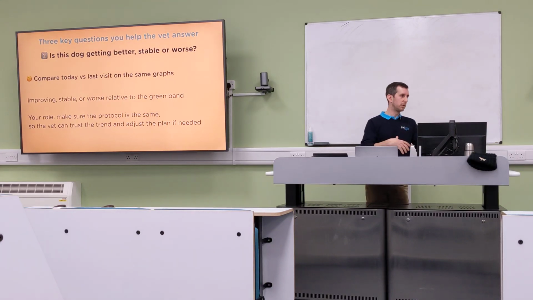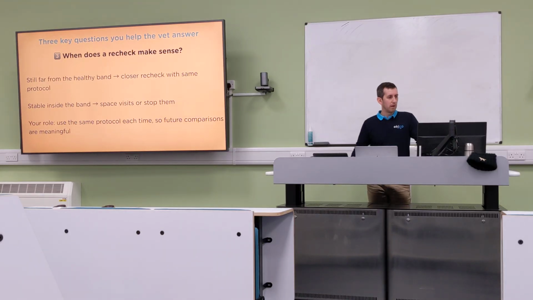And for example, your role is to make sure that you have followed the same protocol every time, so we can know that this number today has been collected the same way as 1 month earlier. And finally, when does a recheck make sense? If it's still outside this green zone, maybe we can make the next exam not so far from now, or if it's stable, you can space it out.